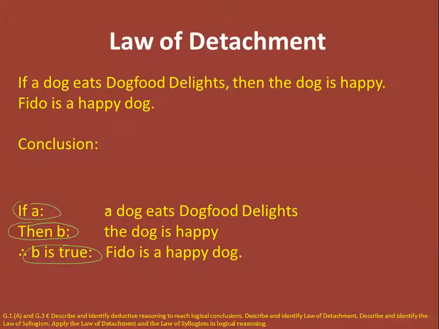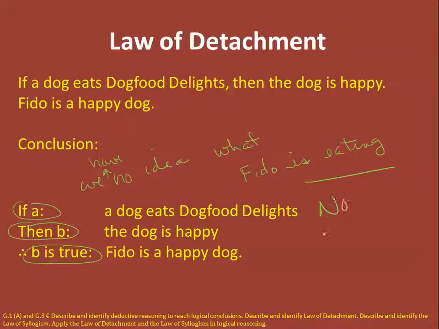It's still no conclusion, because like I said, we have no idea what Fido is eating. No conclusion. But I wanted just to show you how A has to be right here and it has to be true in order for B to be true.